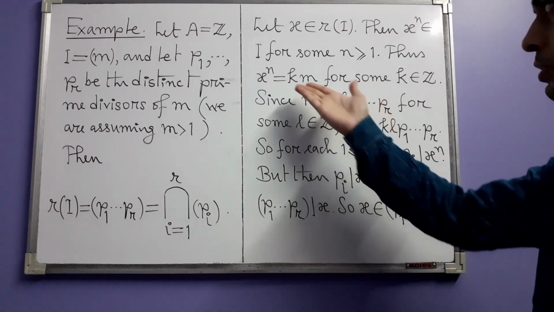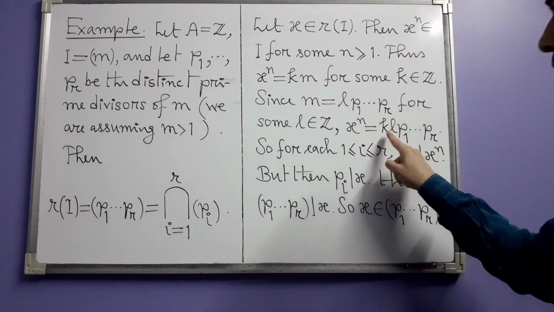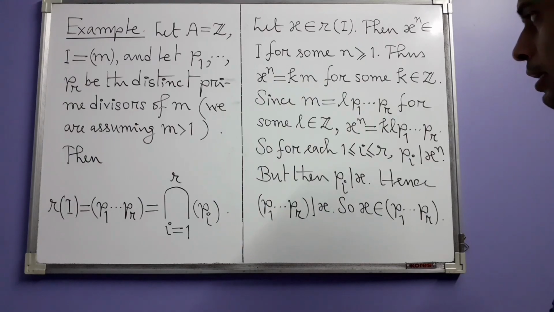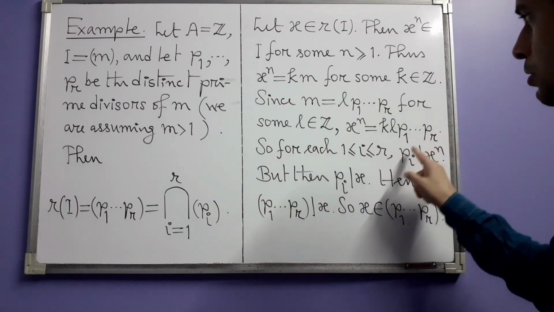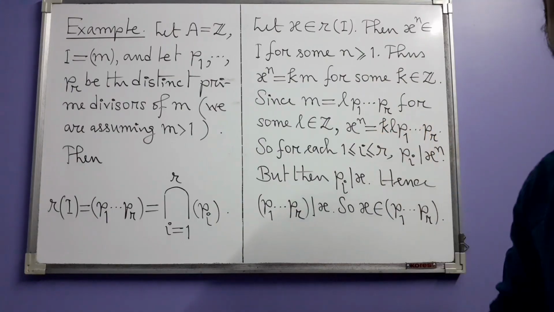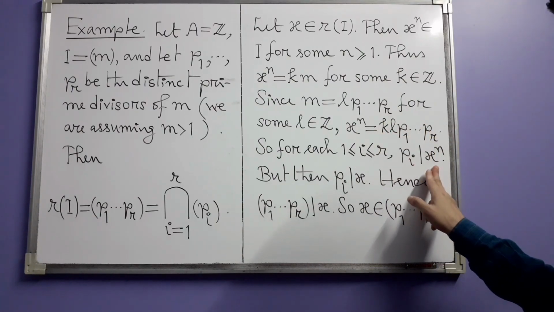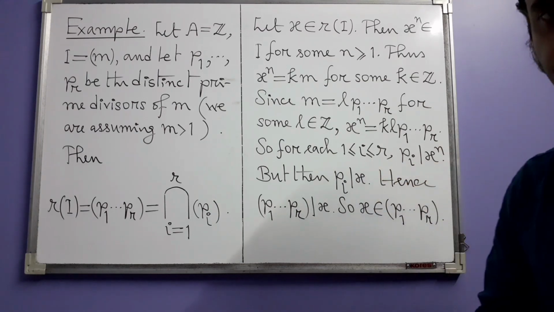So now you use this information here and have x to the power n as kl times the product of the pi's. And from this, what do you see? You see that because each pi divides the right hand side, each pi also divides x to the power n. For each such index i, pi divides x to the power n.